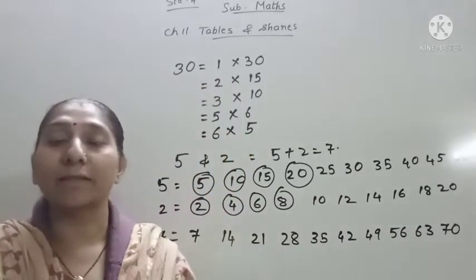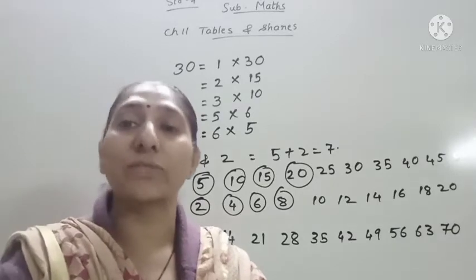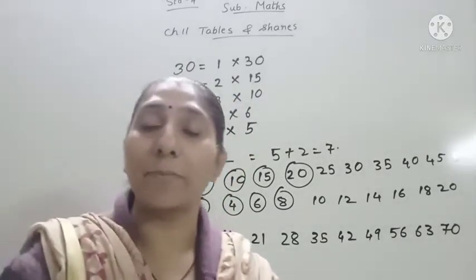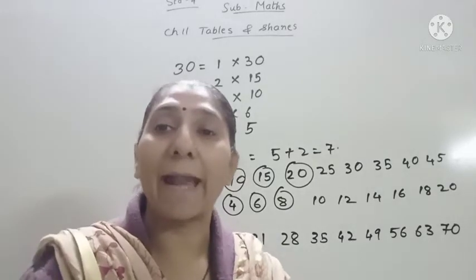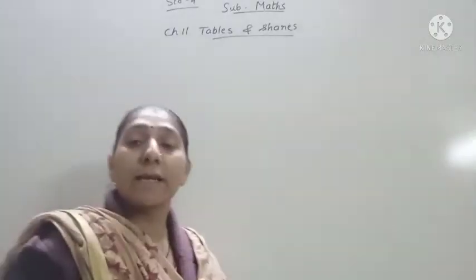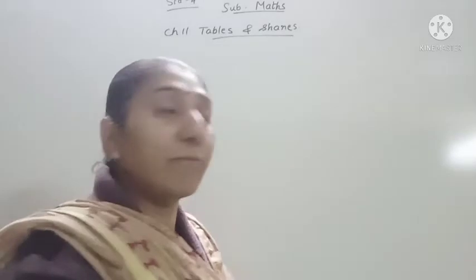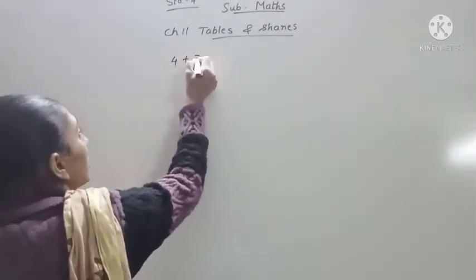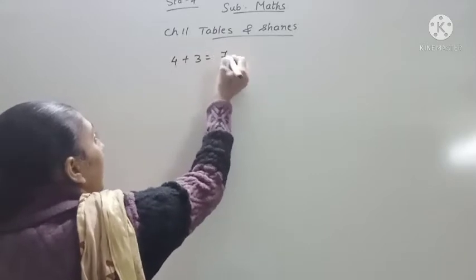There is again another method to make the table of 7. Now we have to add the other two numbers, that is 4 and 3. Let's see how we can make the table of 7 with the help of 4 and 3. Now 4 plus 3 also adds to 7.